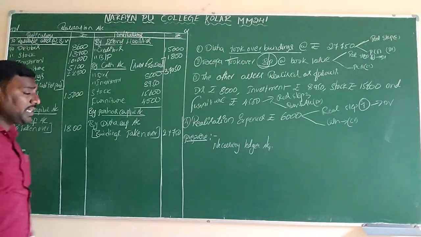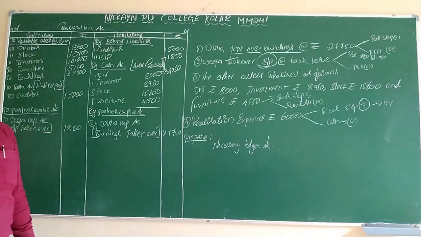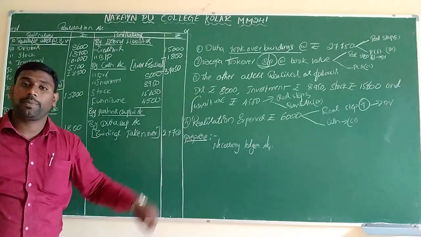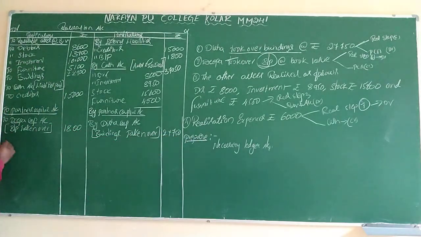Step number 7 is always related to the dissolution expenses or realization expenses. Here the expenses will be paid by the company, so we will write. Step number 7 will always come to the debit side only, to cash account. In bracket we write realization expenses.